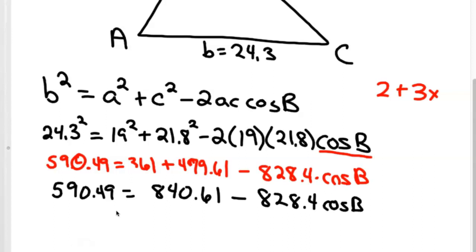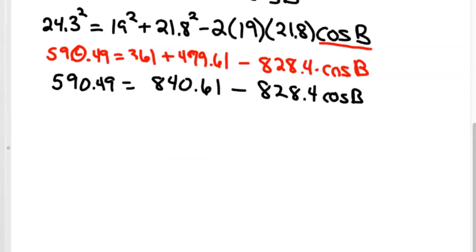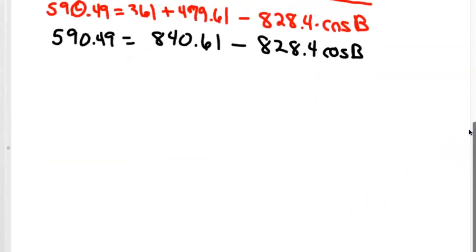Here we're solving for x, but it's really cosine of B. I'm going to extend this page a little bit so we get some more room. We're about done. The next thing you have to do is subtract the 840.61.